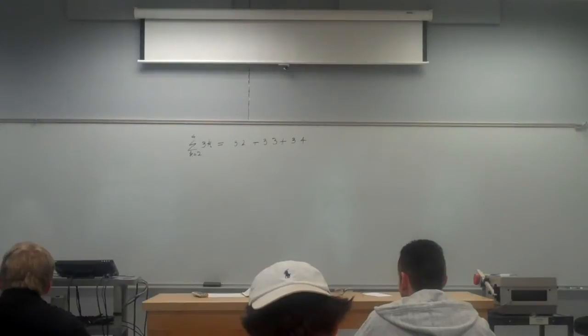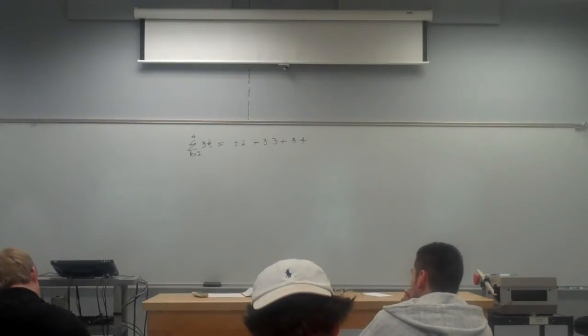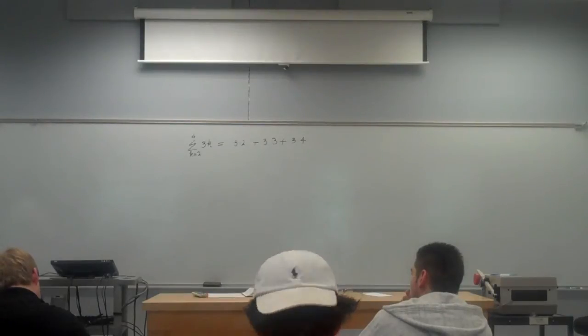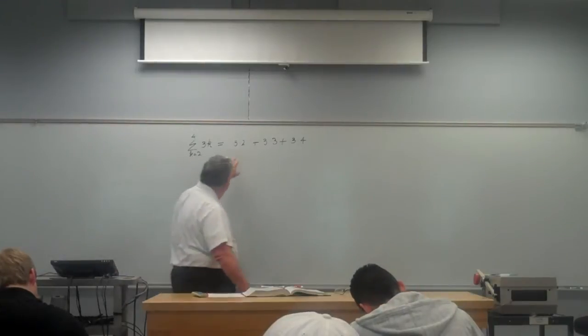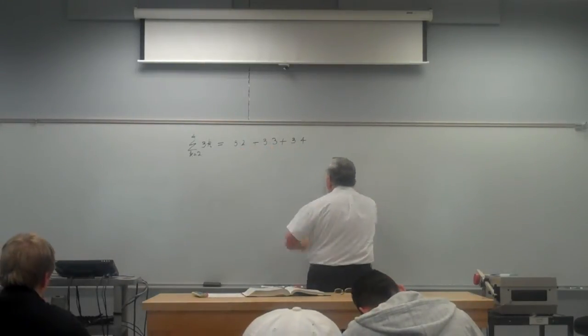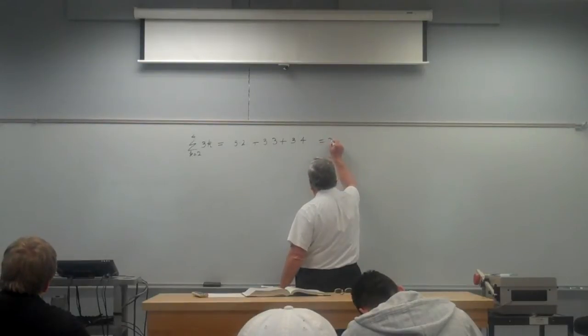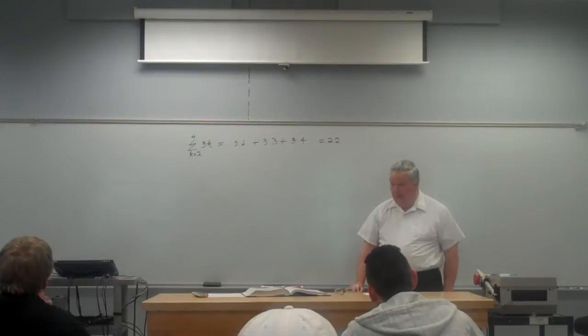Remember our definition of summation: start at 2, put every whole number in for the index, and then add them together. Isn't that what I did? That looks like 6 plus 9 is 15, plus 7 is 22. Is that right? It's 12.